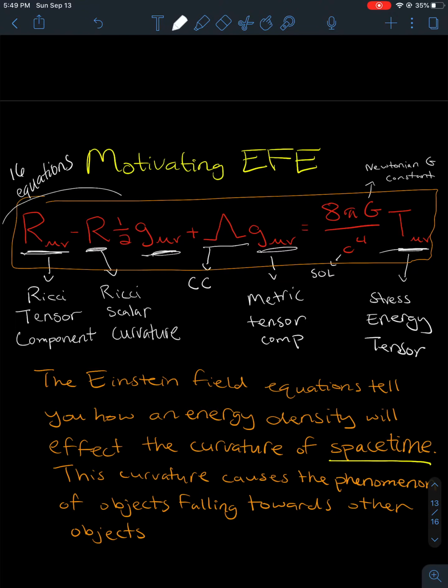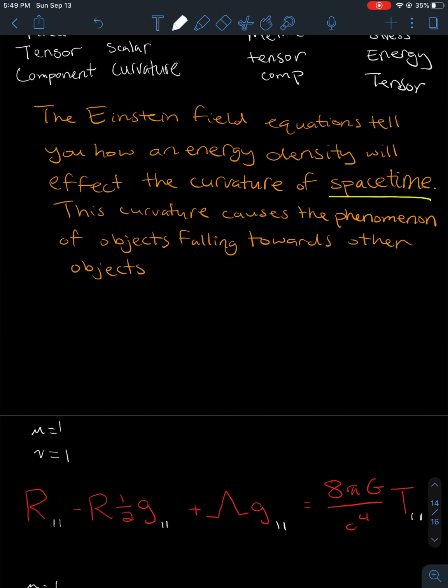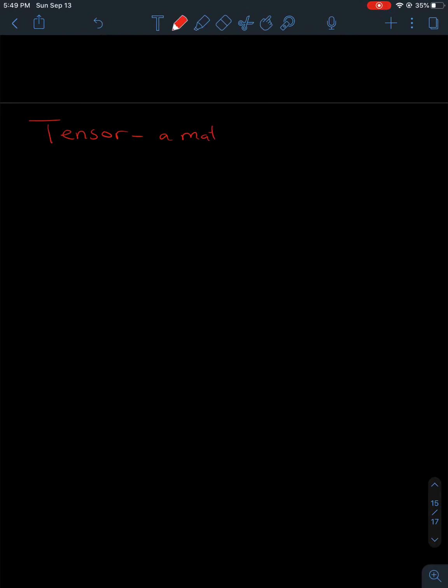And in this video, we're going to give a brief intro to each of these components. We will start with the Ricci tensor component. What is the Ricci tensor? And what is a tensor in the first place? Well, a tensor, for this video, will be a mathematical quantity that is invariant.